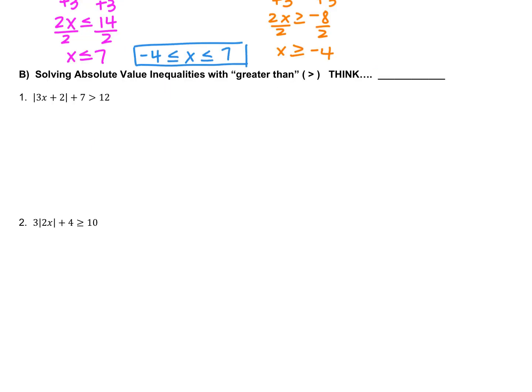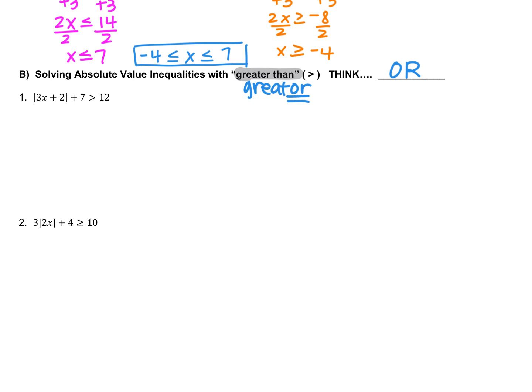Now we are going to talk about when we have greater than signs and we have or statements. I think of it as greater, like greater than signs, greater. Put an or. Greater. So when it's a greater than sign, it's or.